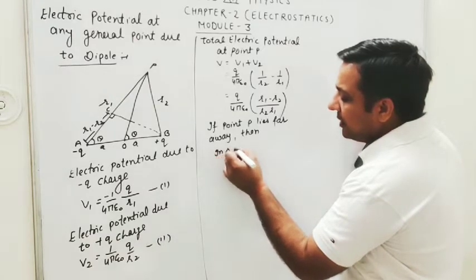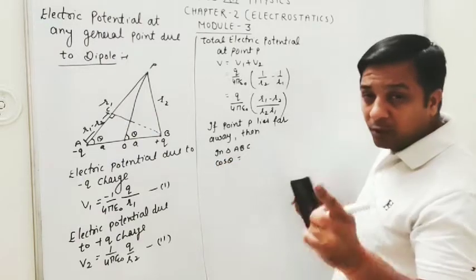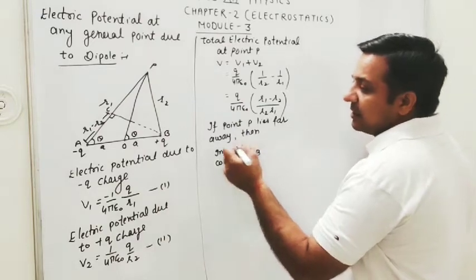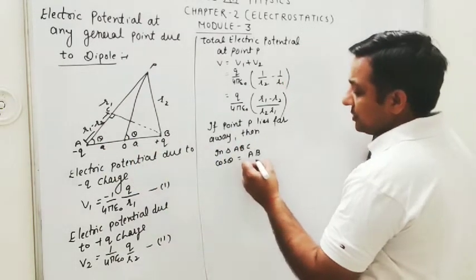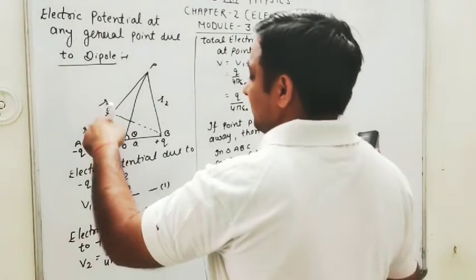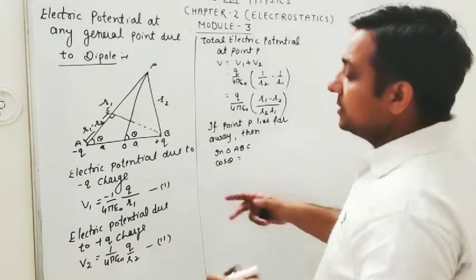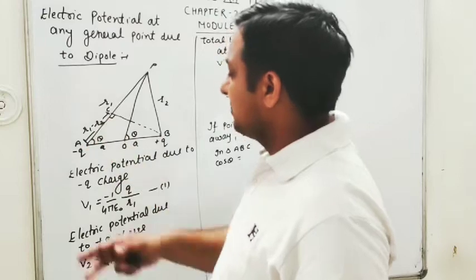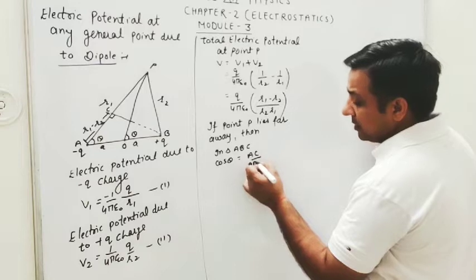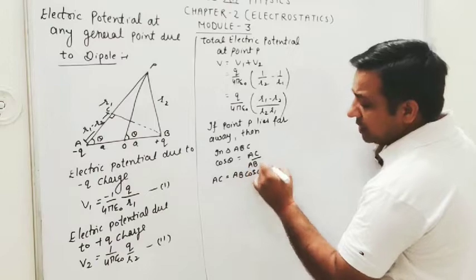In triangle ABC, you know, cos theta is base upon hypotenuse, that is AC upon hypotenuse AB. Then AC is equal to AB cos theta.